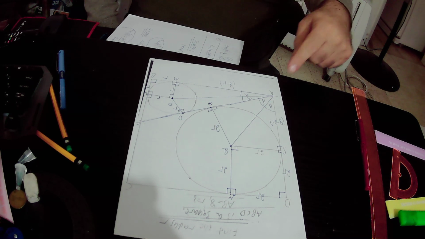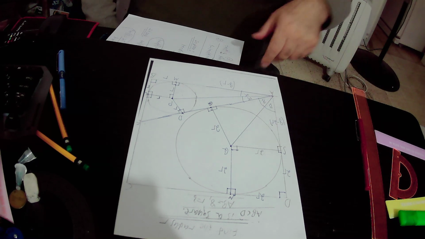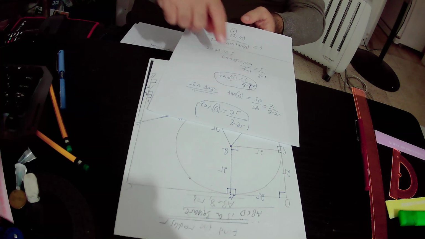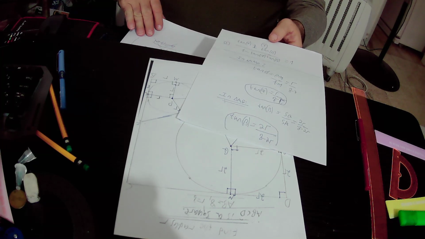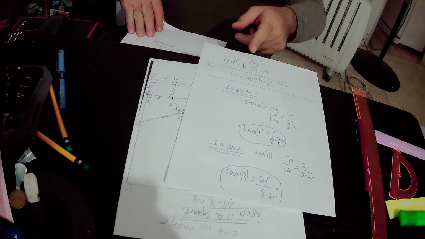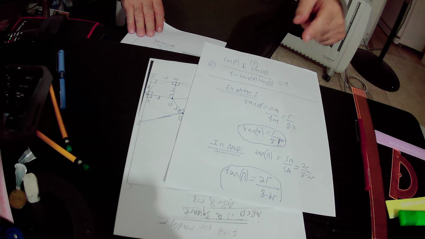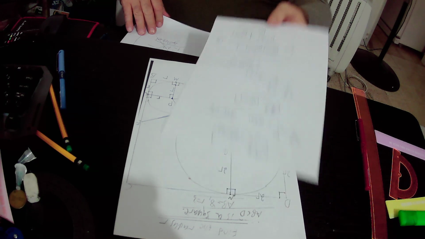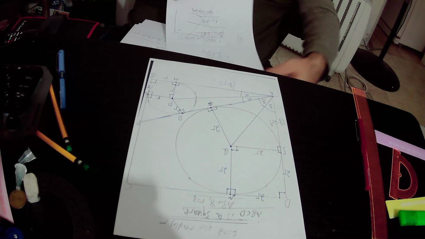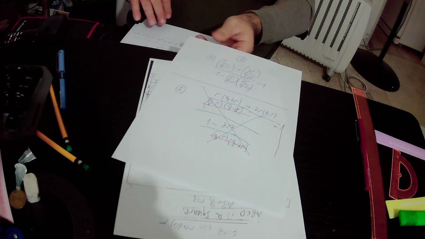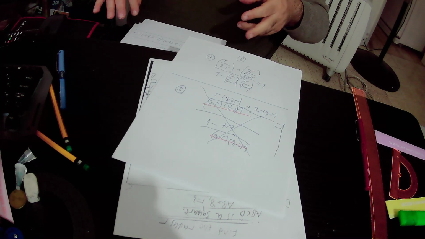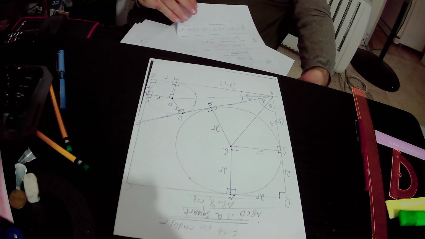That is to say tangent beta equals 2R over 8 minus 2R. So we substituted tangent alpha and tangent beta in equation number 1 by their values that we found here. It is one equation with one variable, R. We solved this equation and we got two answers.